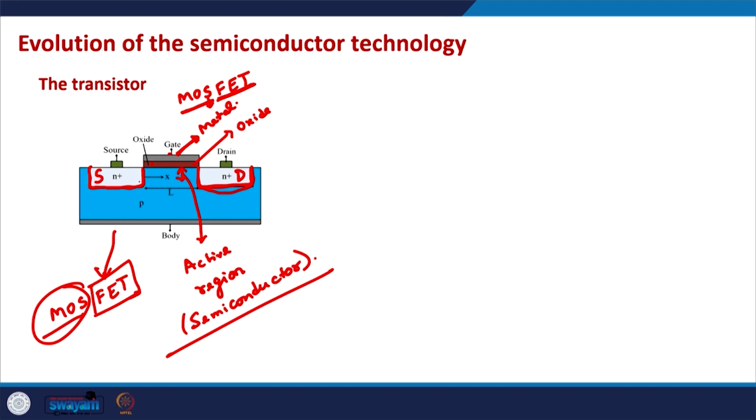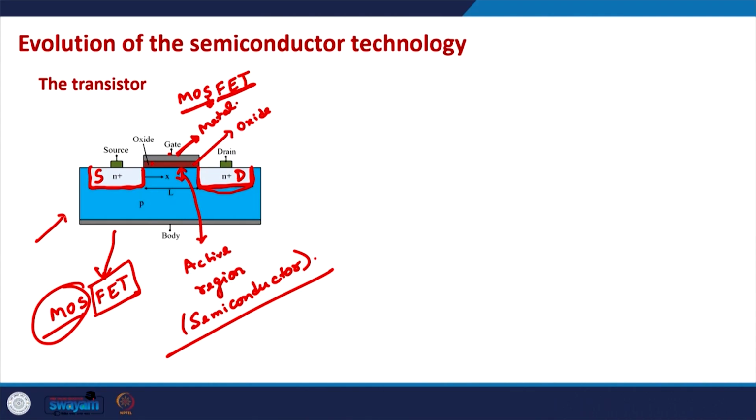The active region, where the current actually flows, is between the source and the drain, and this current can be controlled by the electric field that we produce by applying a voltage on the gate, and that is why this device is known as the MOSFET.